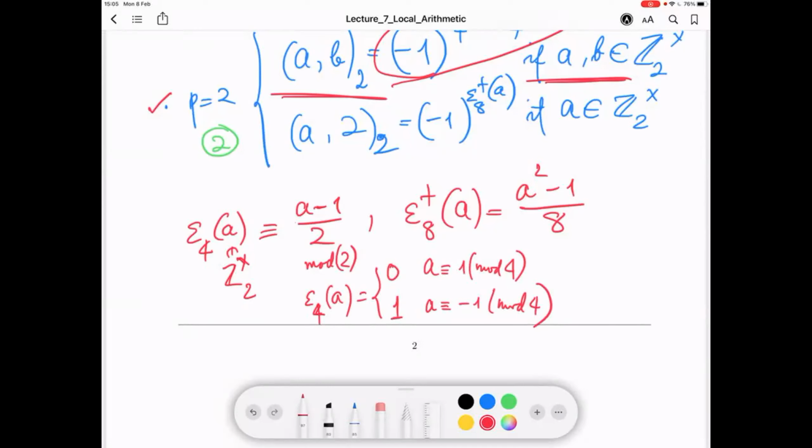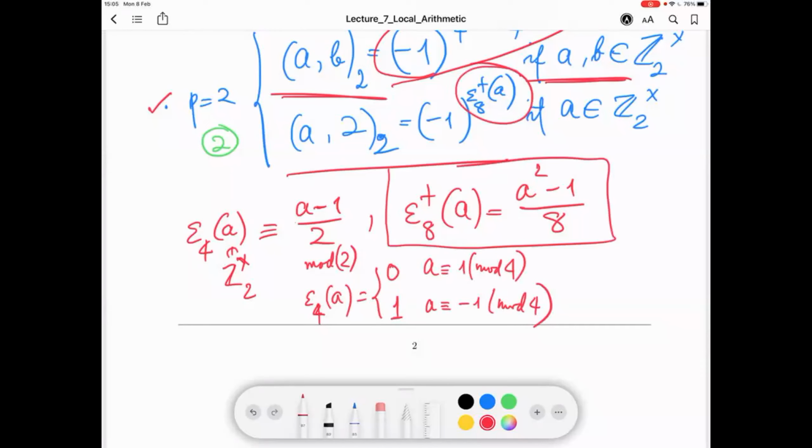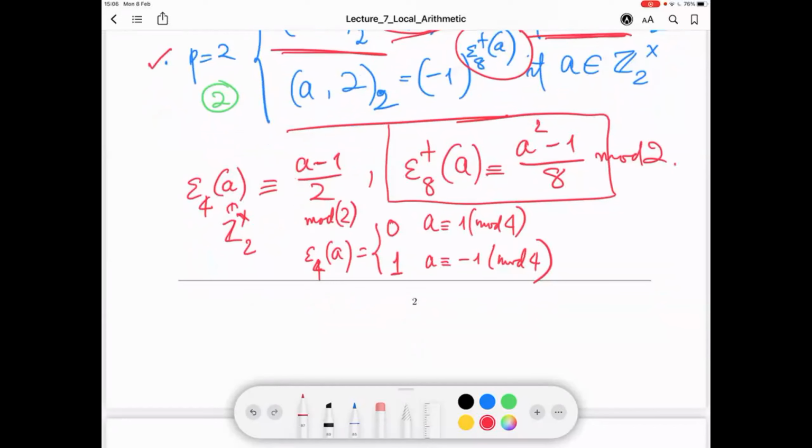Okay, similarly, (A, 2)_2 is (-1) to the power epsilon_8 plus of A, where epsilon_8 plus is this thing here. It takes A to (A squared minus 1)/8, one should perhaps say mod 2. Of course, here also A is in Z_2 star.